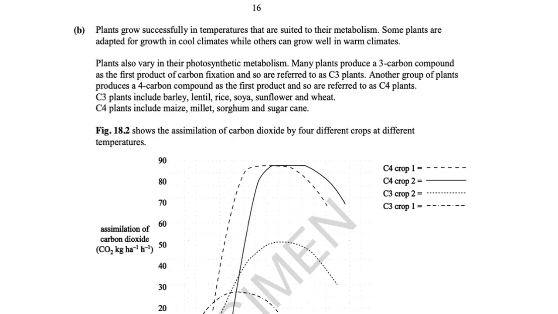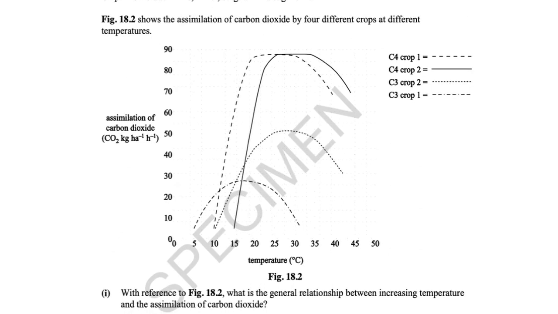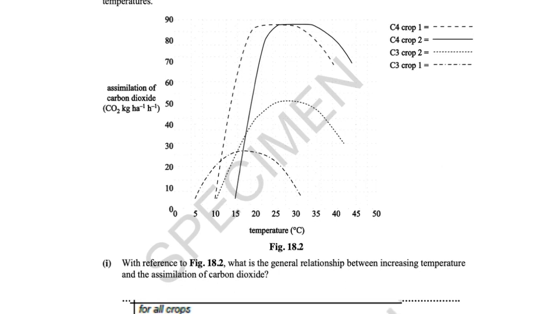Then they give you a graph which shows the assimilation of carbon dioxide by the different crops. So you've got the C4 crops, these ones which are up here. So what you can clearly see is that as you increase the temperature, which is the independent variable, the rate of the assimilation of carbon dioxide, which is kilograms per hectare per hour, so it's a rate because it's per unit time, increases.